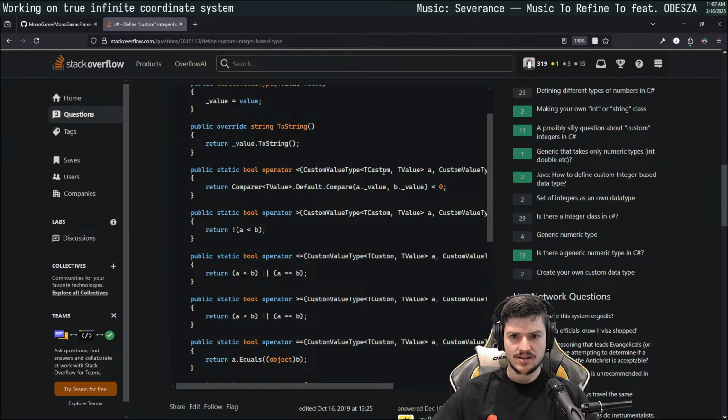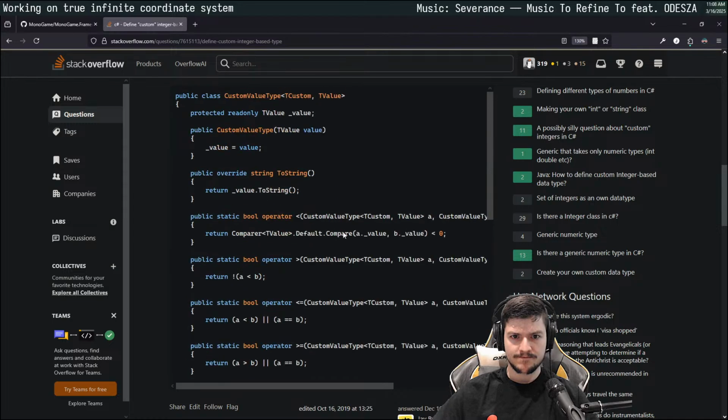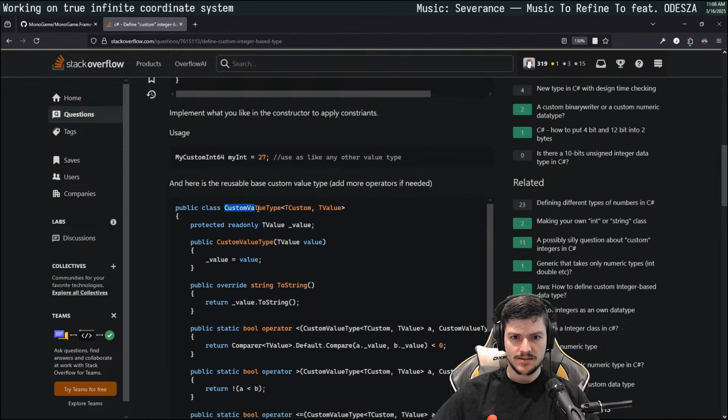So those are the operators. Okay, good. So what did you do? Custom value, T custom, T value.